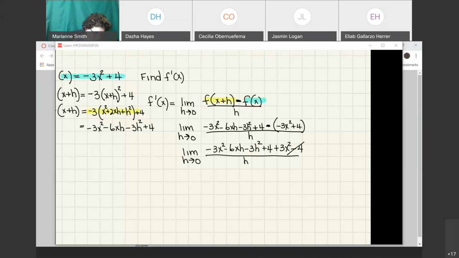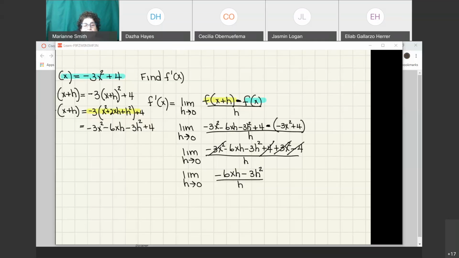Well, -4, +4. Plus 3x squared minus 3x squared. Okay, so what am I left with? I'm left with the limit as h approaches 0 of -6xh minus 3h squared over h. Okay, everybody all right with that?